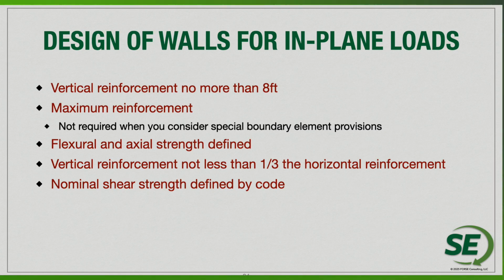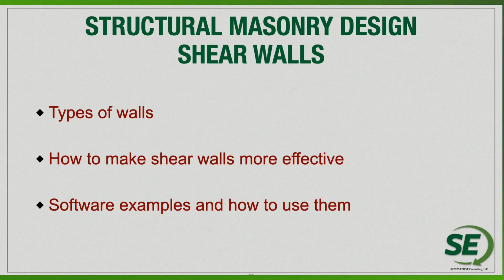Maximum reinforcement, we need to not consider when you consider special boundary provisions, but you do have a maximum reinforcement for the overall section. We have flexural and axial strength that's defined. We have vertical reinforcement that we don't want less than 1/3 of the horizontal reinforcement, and nominal shear strength that would be defined by the code.